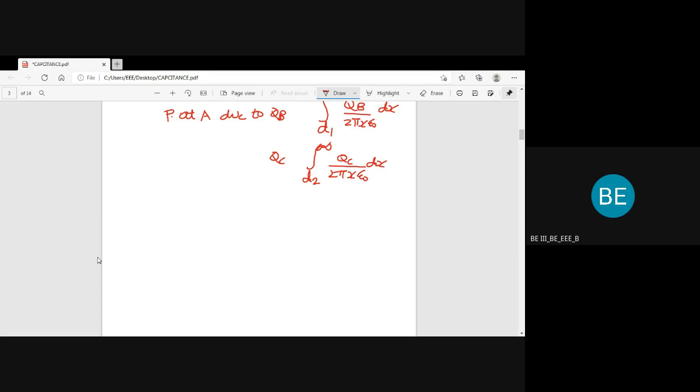Right? So if I want to find the overall potential of conductor A, VA, I have to add all these things.